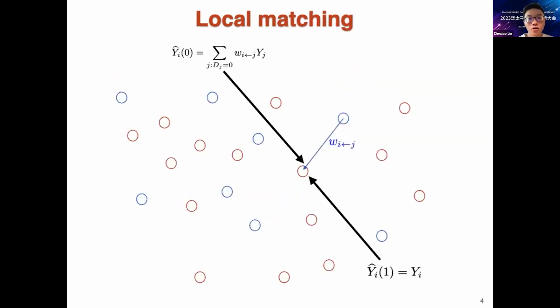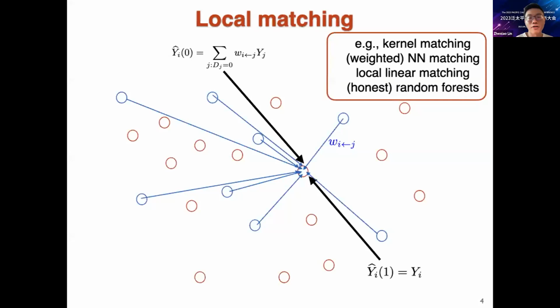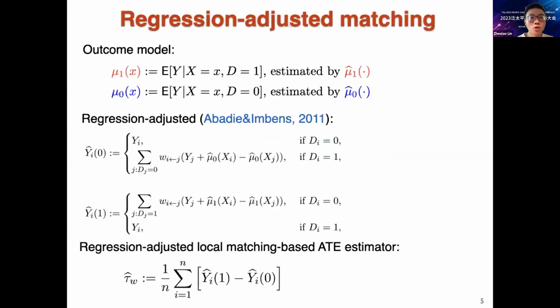Although we have seen that kernel matching and different kinds of matching methods can correspond to the imputation method I just introduced, we may also want to incorporate the regression adjustment, which is also very important because it is related to the double robust property of our final estimator.